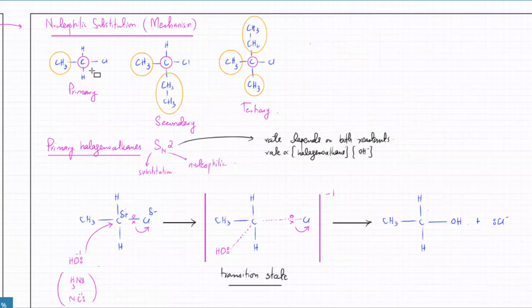A primary is attached to one carbon chain only. So the Cl would probably be at the end of the carbon chain, right? Or this, yeah. Because if you want to make it a tertiary halogenoalkane, the Cl is probably somewhere in the middle of the carbon chain, right? Or even in a secondary, the Cl is somewhere in the middle of the carbon chain. But for it to be a primary, the Cl must be at the end of the carbon chain.